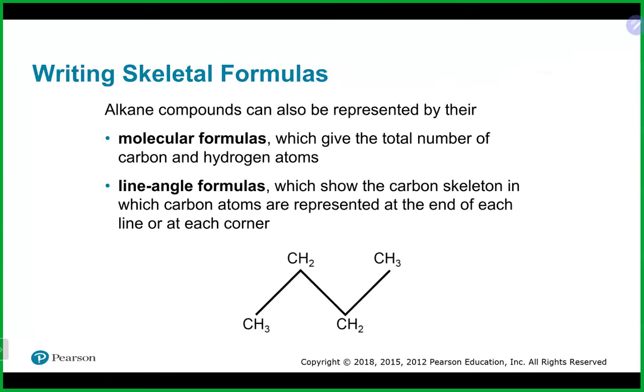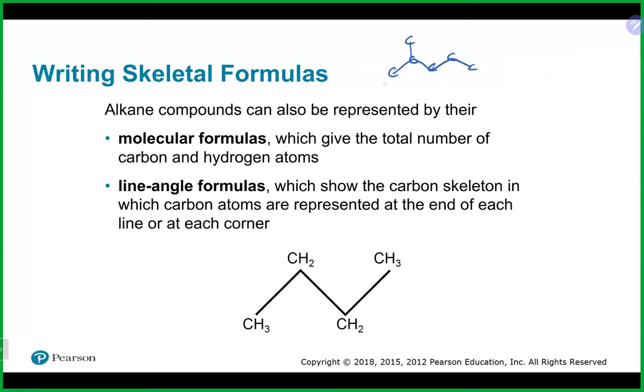As I mentioned before, this is line structure, and typically line structure, again, is just lines. Nothing is typically written. Even if you see a line, for example, like that, there's nothing at the end of that other than a carbon. If there was something different, it would actually be written. So again, there would be a carbon here, a carbon here, a carbon here, carbon, carbon, carbon. And once again, carbon needs 4 bonds.